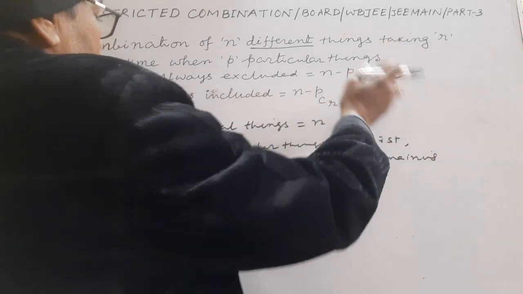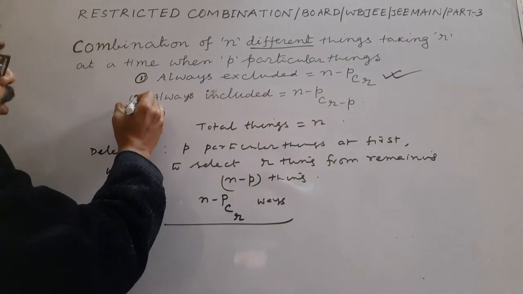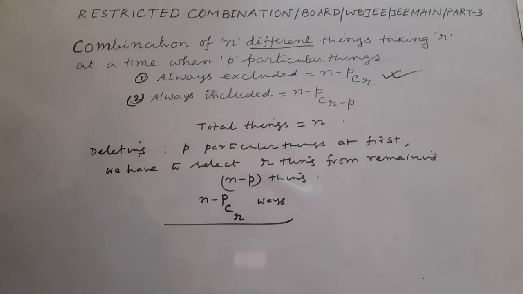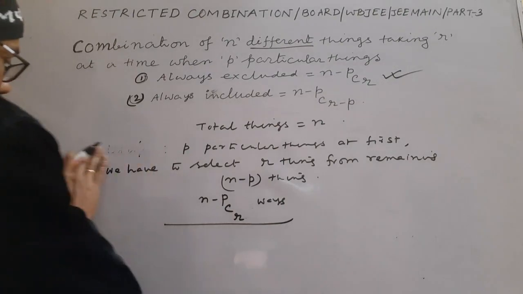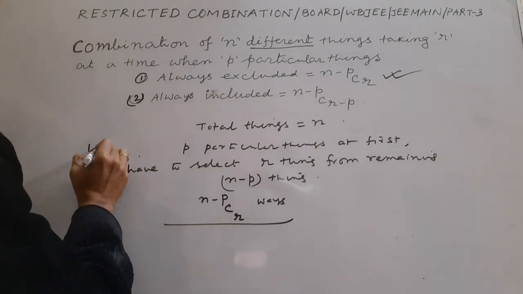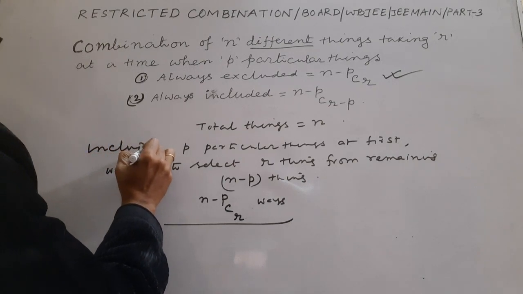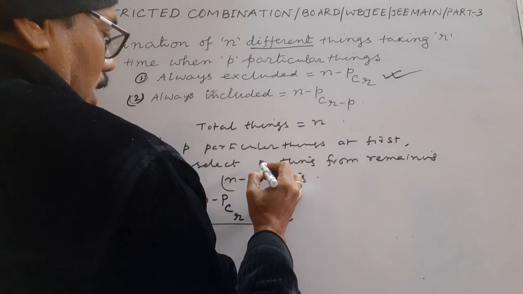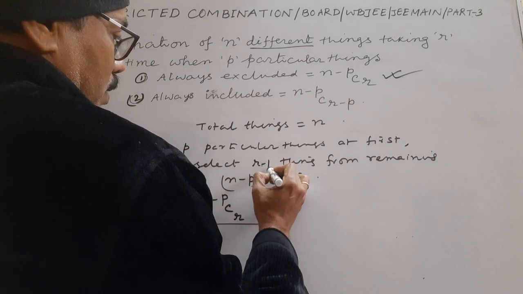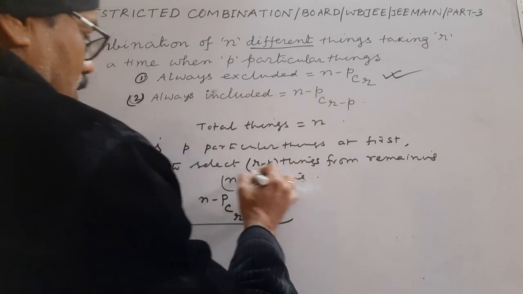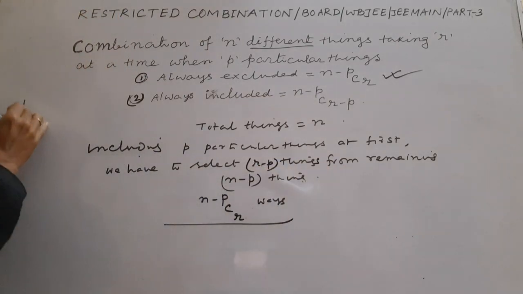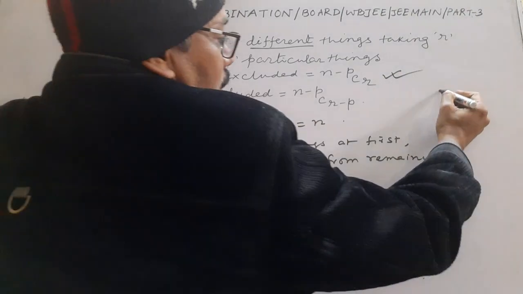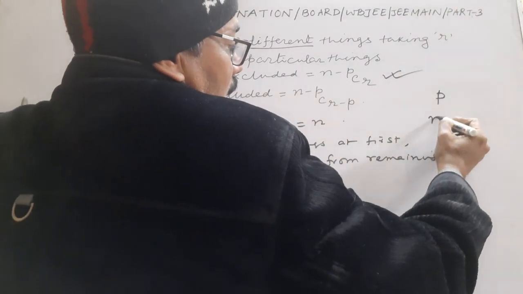You remember this theory. Now number 2, always included. So look, including p particular things at first, we have to select r minus p things, because we have taken p at the beginning and we have to select r.